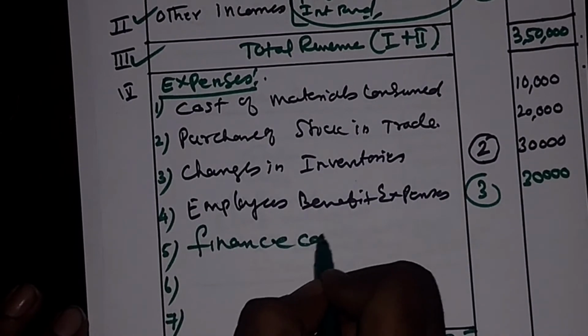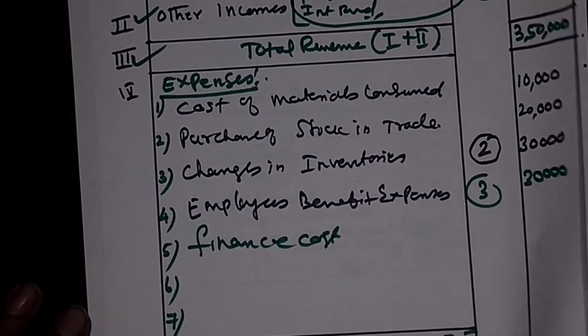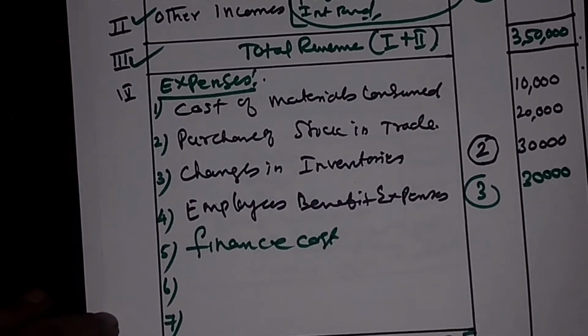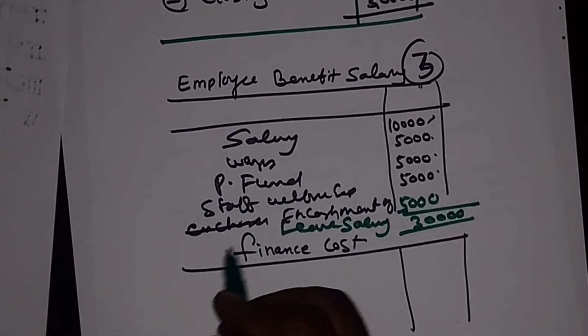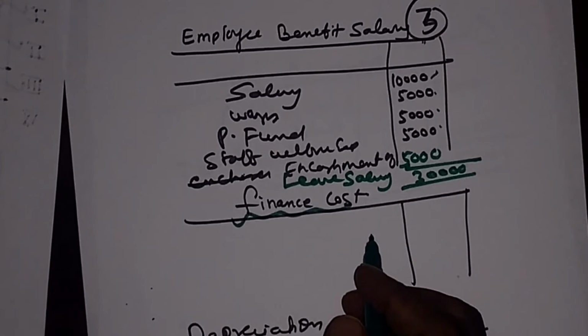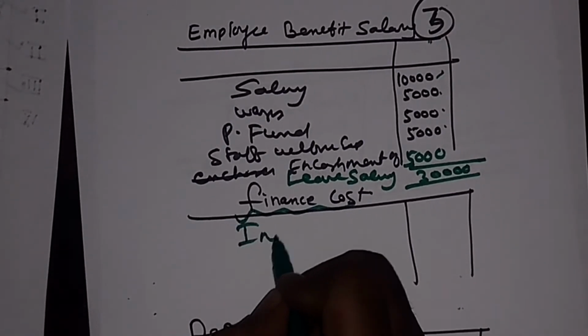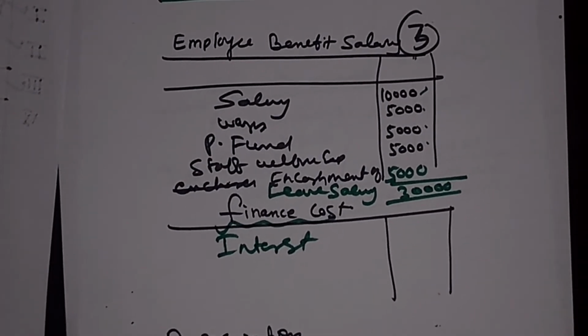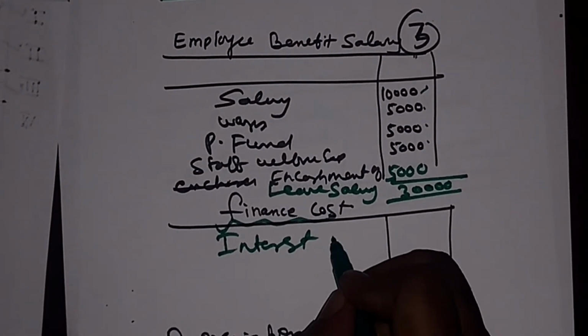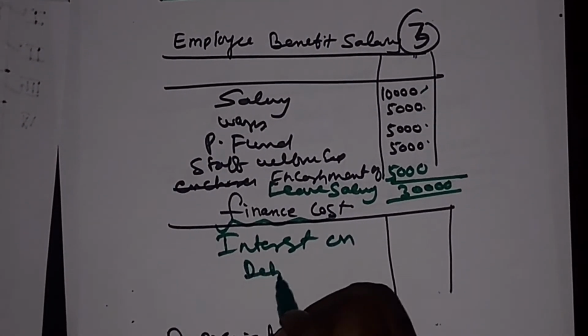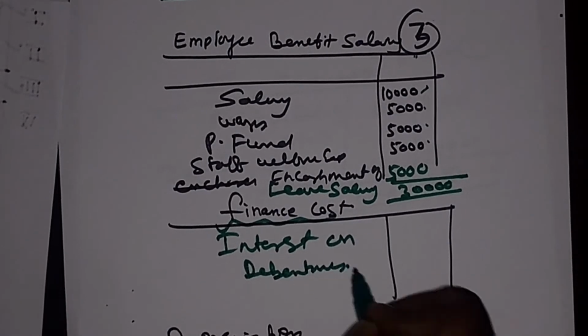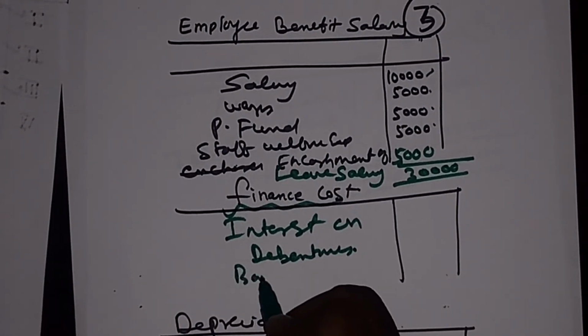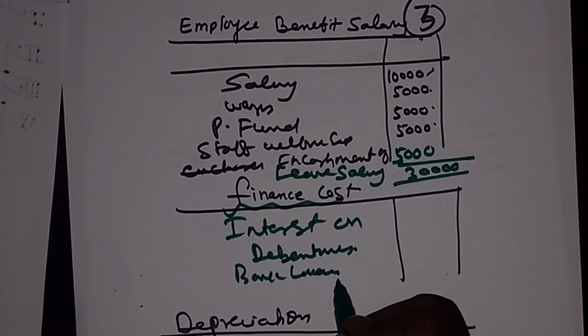Serial number 5, finance cost. What is this finance cost? Let me show it on the back side. You see that finance cost is very simple to understand. As per this chapter you will mostly get interest on debentures, bank loans or any other loans.